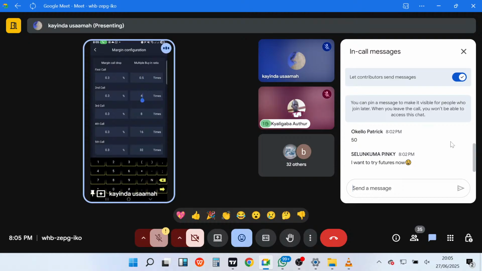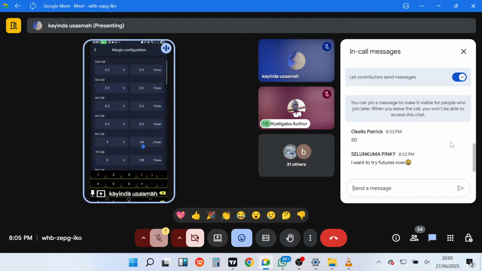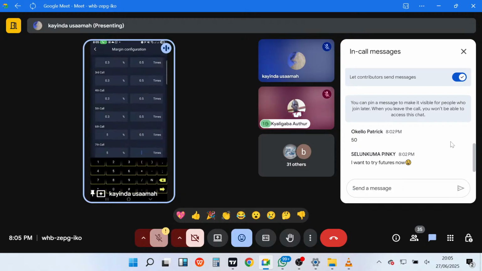Anyone who wants to use $50 as your trading capital on futures, you can follow this guide and design it like this. Now, what I want to do is just have a formula. Another thing, I want you to know that your money is multiplied.